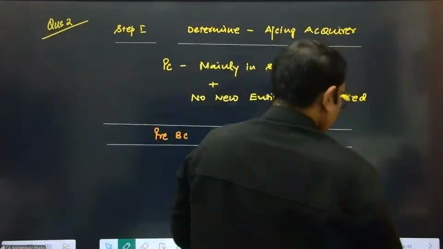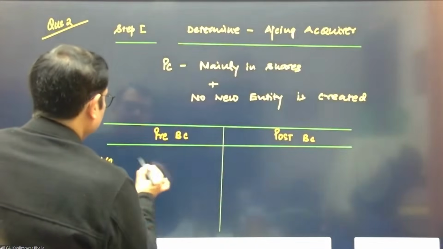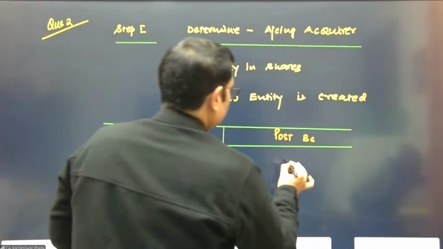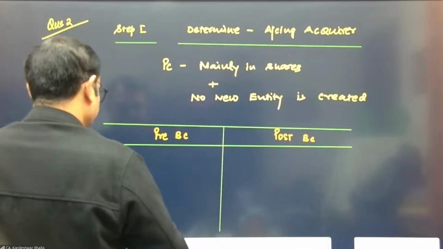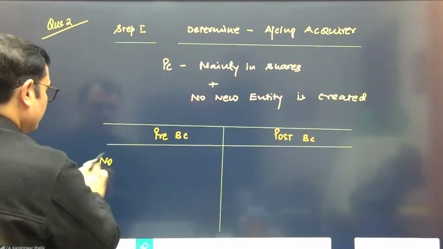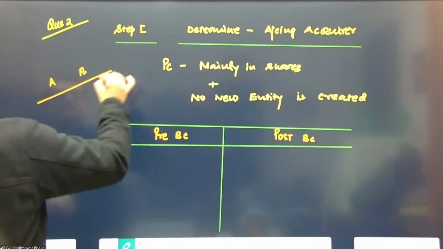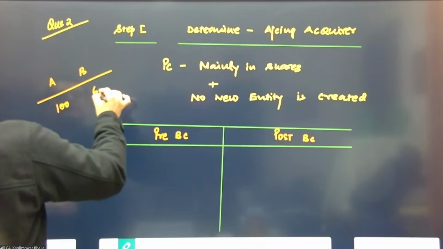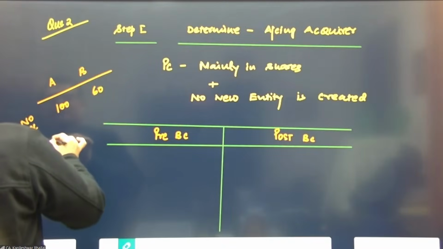So we're going to pick up the number of shares. Company A and B have 100 shares and 60 shares respectively. This is the number of shares in the company.